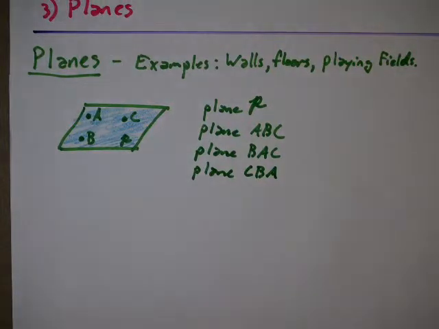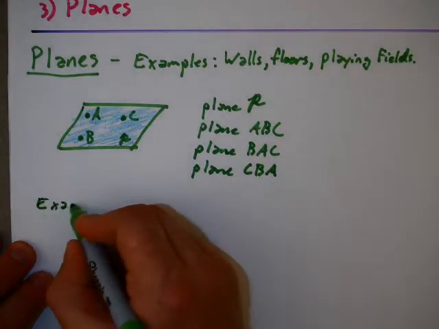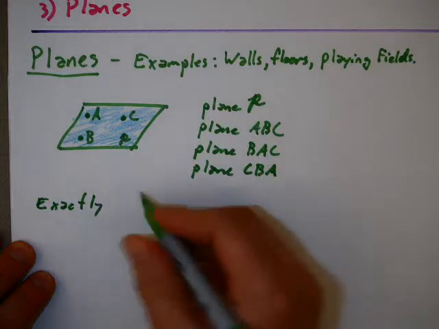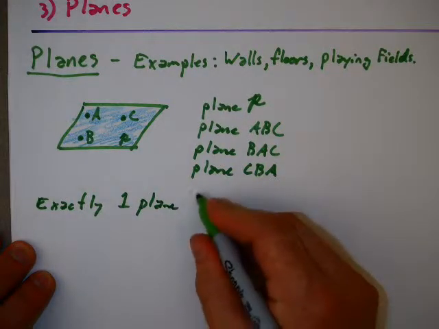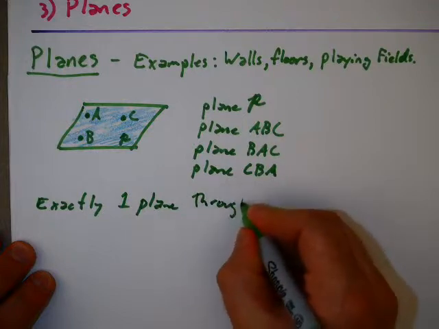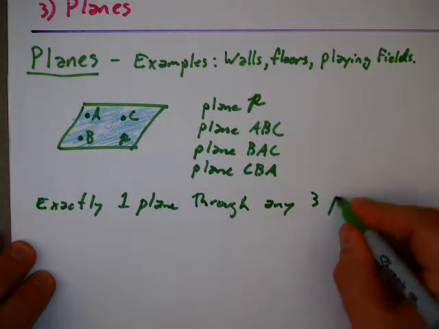So a couple of things we need to know about planes. There is exactly one plane through any three points.